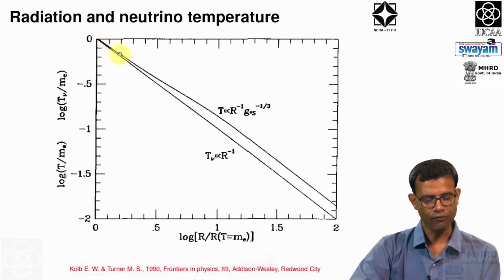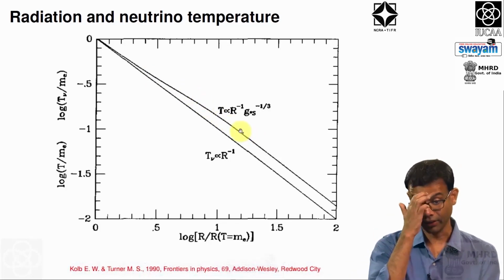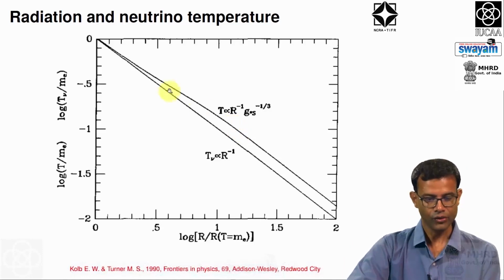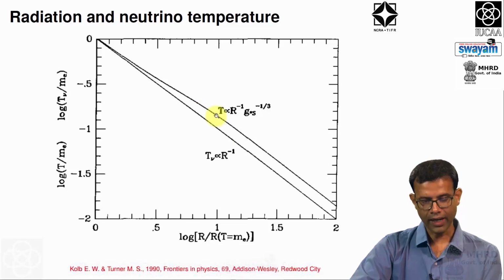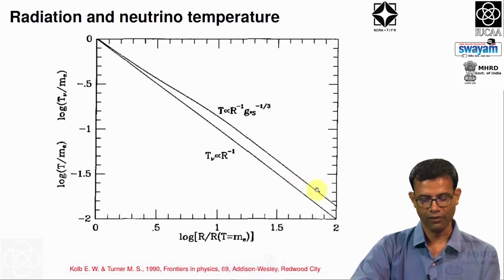At some point, the photons receive some extra energy because of the annihilation of electron positron pairs. So, the temperature of the photons goes up, whereas the neutrino temperature keeps on decreasing as 1 by A. It goes up, and then afterwards it again falls as 1 by A. So, you can see there is an offset, but both fall as 1 by A afterwards, and whatever is this increase, the factor remains the same.